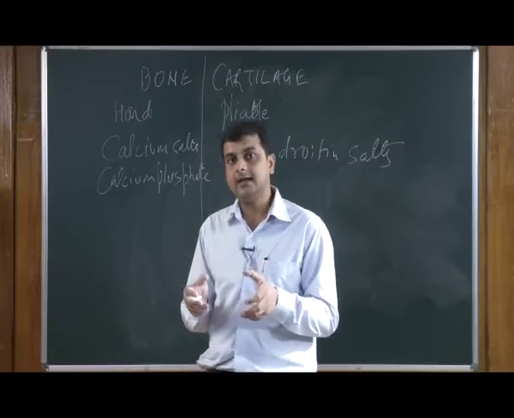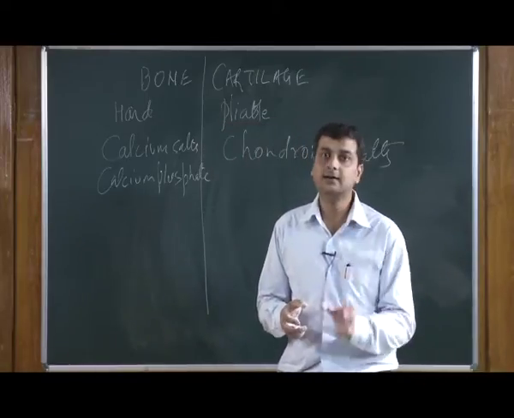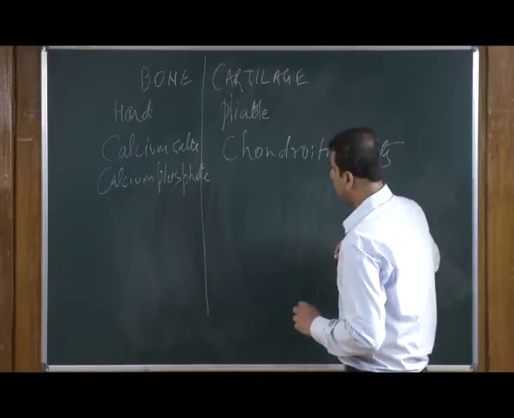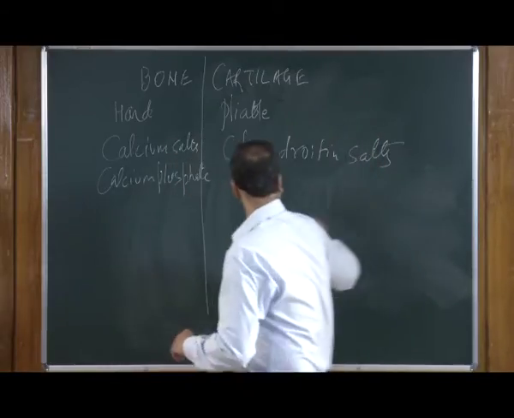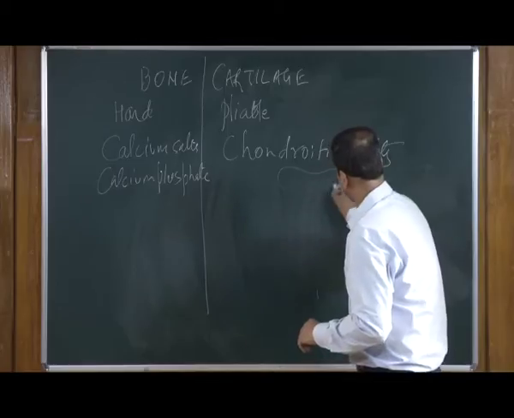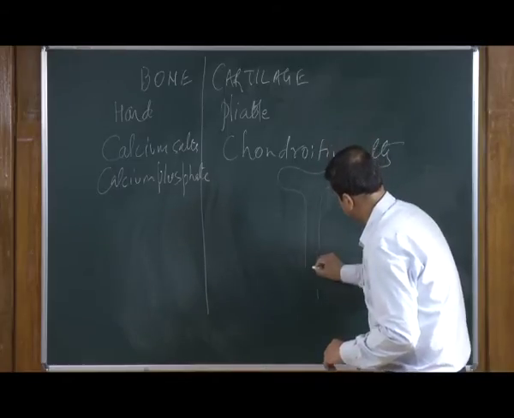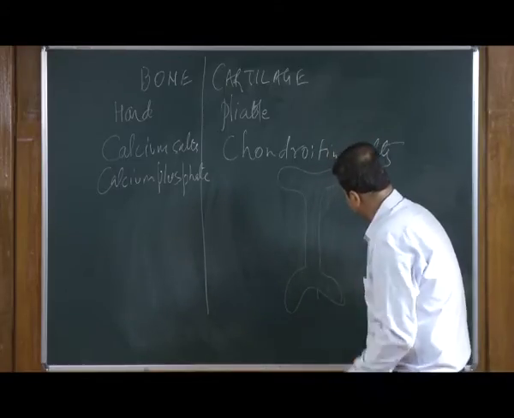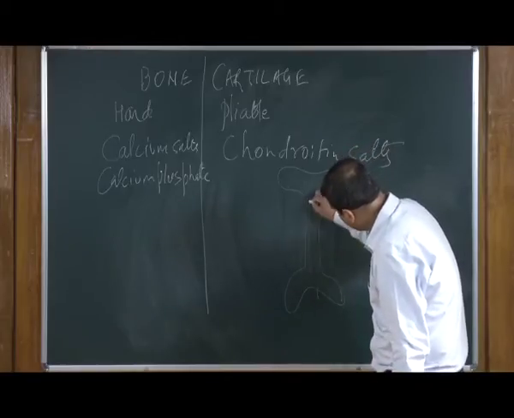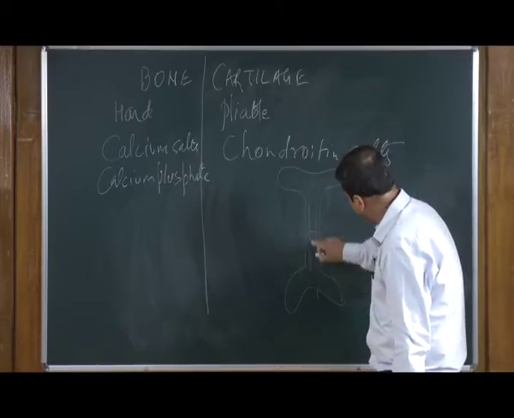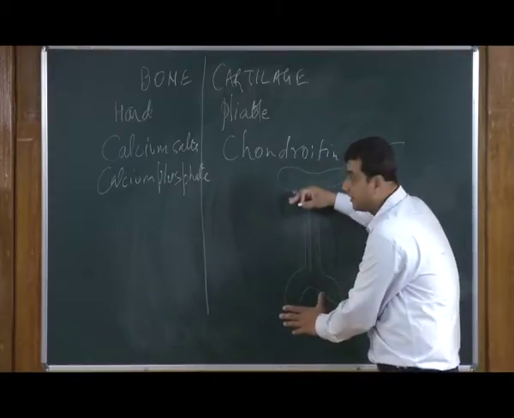The other important aspect of this system which we need to understand is their internal aspect. Suppose we draw this bone. This bone has a hollow cavity inside. Suppose this is a long bone, I am just giving an example.